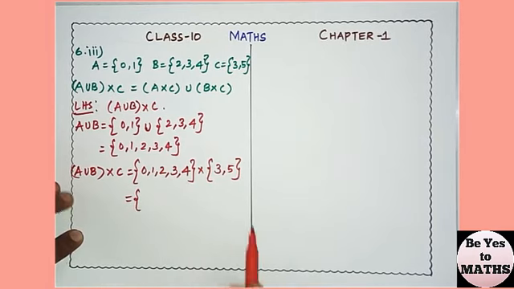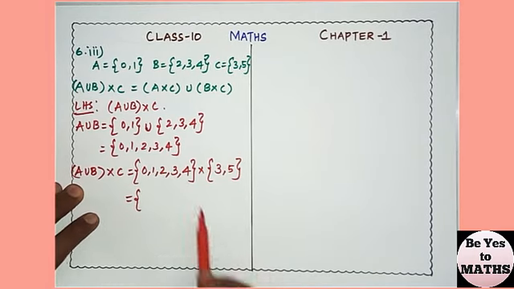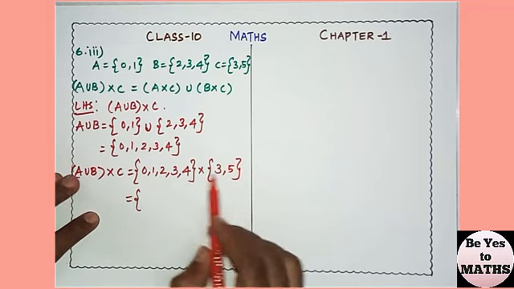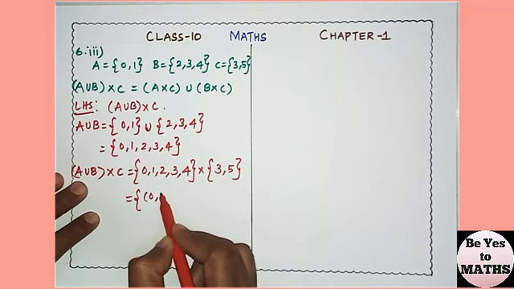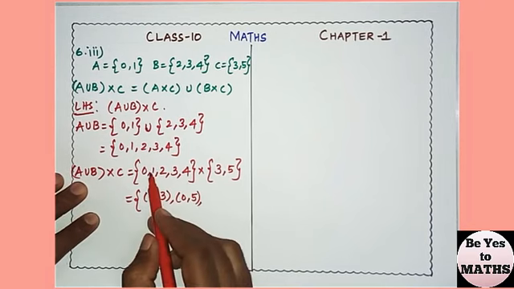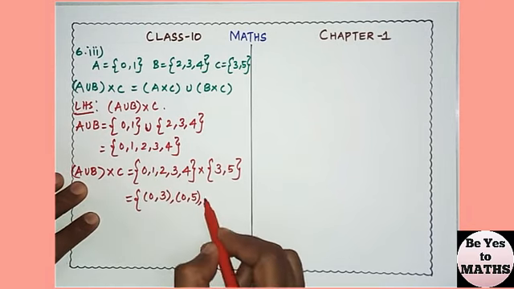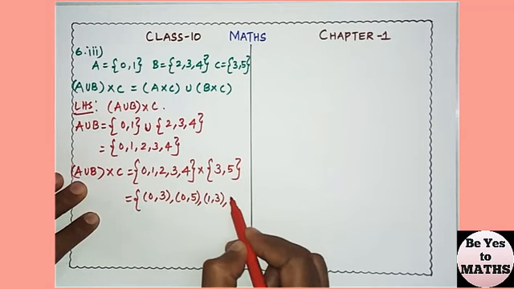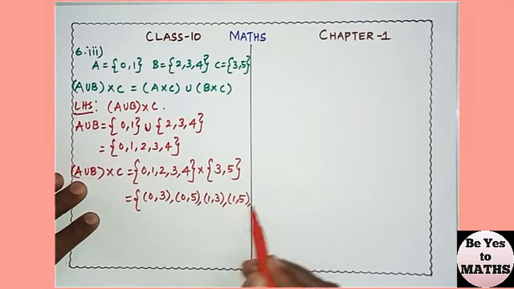Now take 0 from the first set and pair with all the elements in the other set. So (0,3), (0,5). Similarly from 1: (1,3), (1,5).